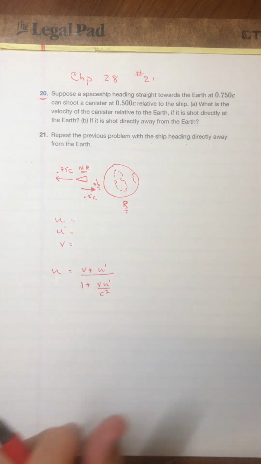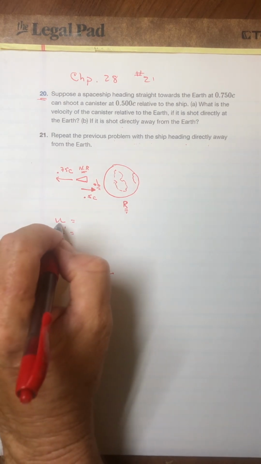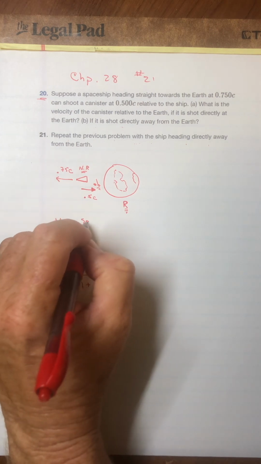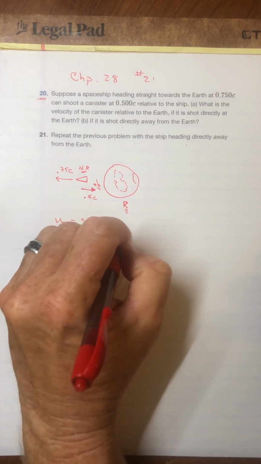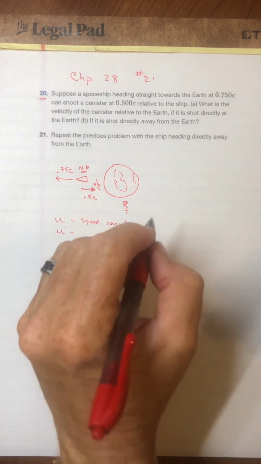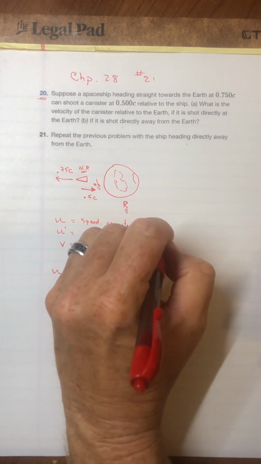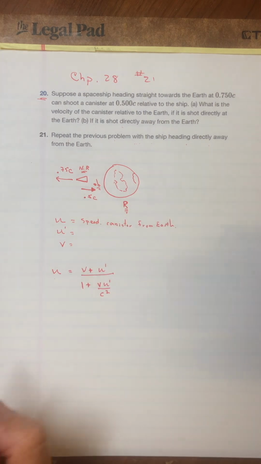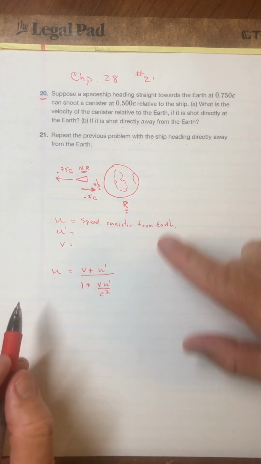So with that definition, the U would be the speed of this canister as seen from Earth, because the definition of U is the speed of the object as seen by the reference.